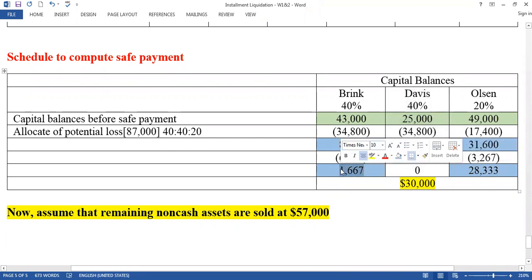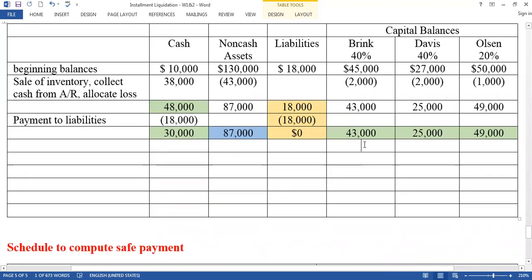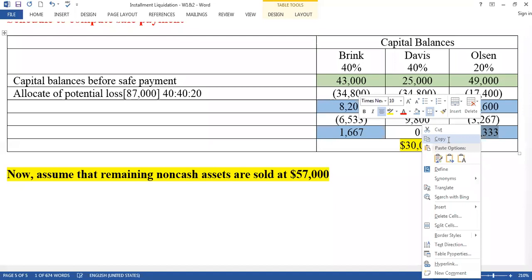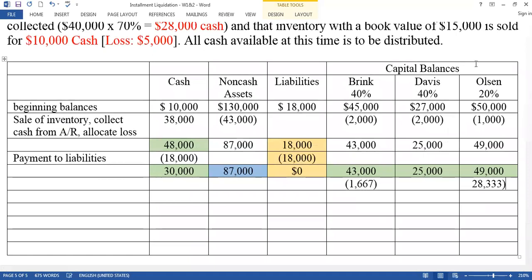Now we know this information. This money is going to be paid. He is going to receive this money. If you receive this money, your capital will decrease, because you already received this money. Davis is not going to receive any money. And the business pays cash $30,000.